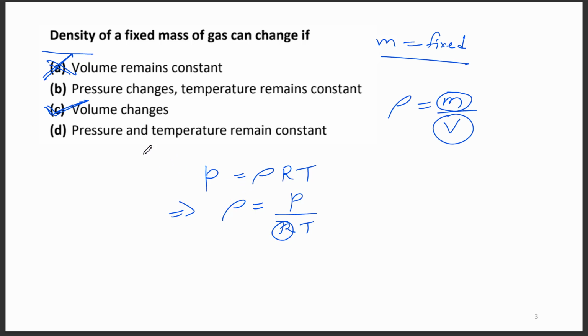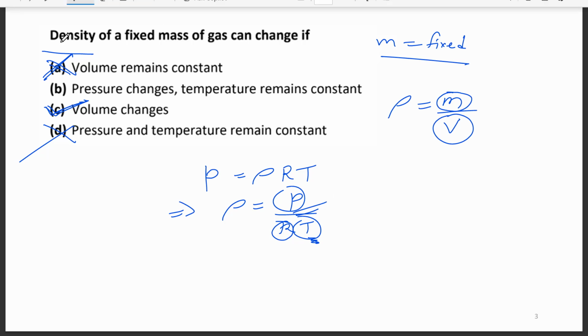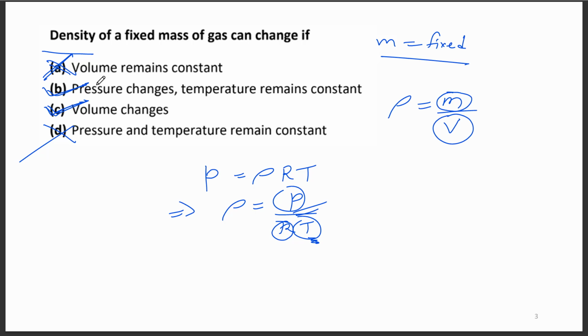Option D talks about pressure and temperature remaining constant. If pressure and temperature both are constant, then density will also be constant. So option D is not possible. And if only temperature remains constant, then for density to change, what should change? Pressure should change. So option B is correct. So in this problem, options B and C are correct.